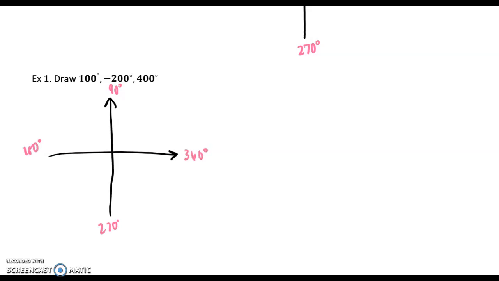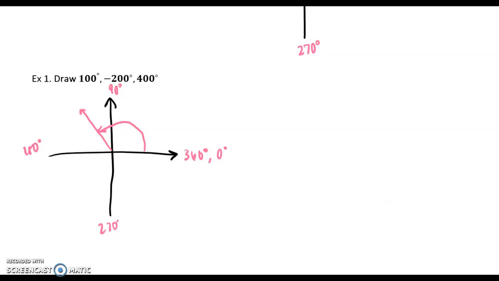So 100 is in between 90 and 180, and it's a lot closer to 90. So we're going to estimate it that it's about right there. And you always start from 0. So 0 is right here, and then you go all the way to that 100 degrees, and that would be our angle. And we're going in the positive direction, which is counterclockwise.